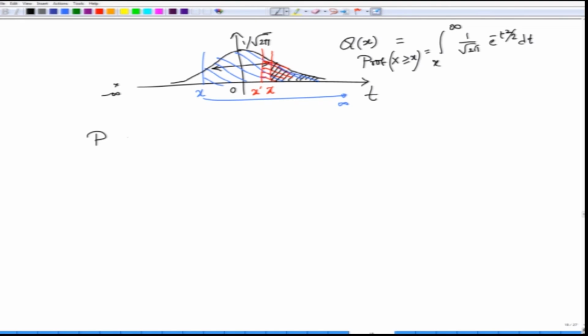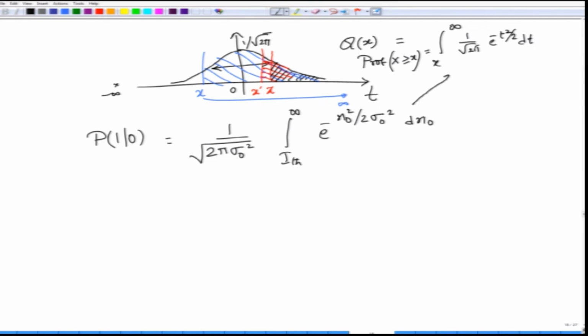So the probability of the receiver declaring 1 given that 0 was transmitted is given by the area under this probability density function, where you are going from the threshold current to infinity, of e to the power minus n0 square divided by 2 sigma 0 square dn0. So clearly if you look at these two expressions, in place of t I have put n0.